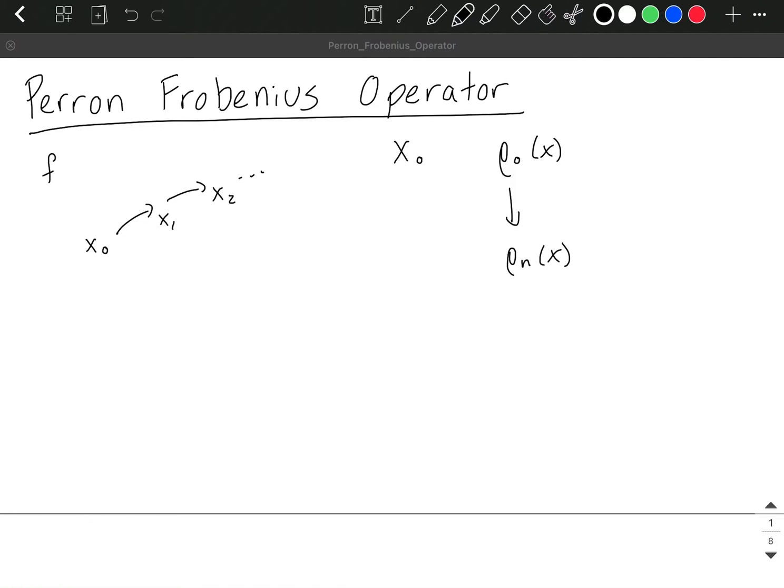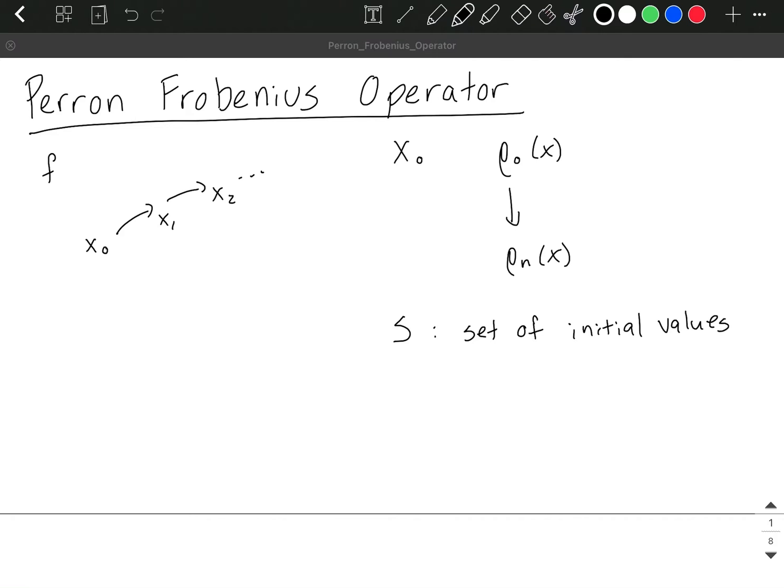Now, of course, we can take a large number of values where that number is s, and that is the set of initial values, or the x naughts, and iterate each of those n times.